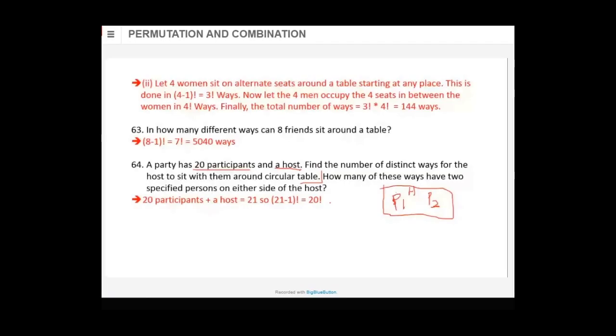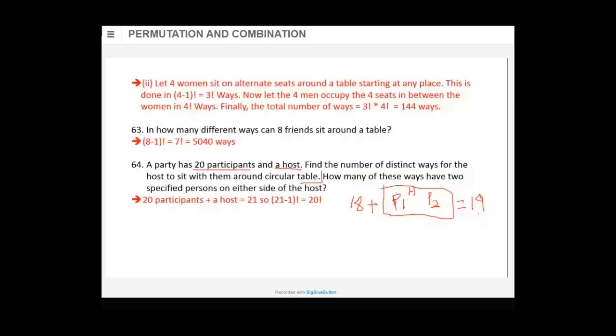Out of 21, 3 गए तो कितने बचे? 18. प्लस एक ग्रुप भी तो बनेगा, सो हो गया 19. गलत गया ना आप लोग?